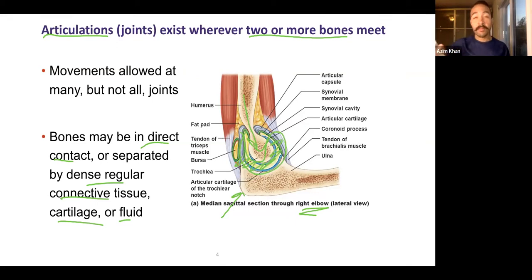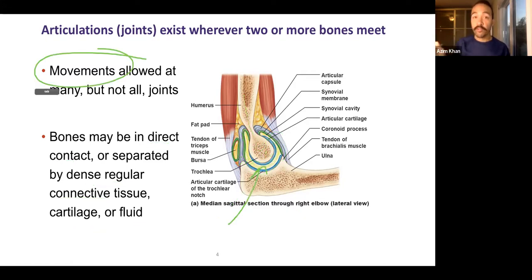So this is one type of articulation where you have fluid in between. Not every joint has that. At joints like these, where there is fluid, you do get movement. We'll see other joints where you get slight movement, and some joints where you get no movement at all. But there's at least two bones coming close to one another, and there might be connective tissue or fluid in between them.